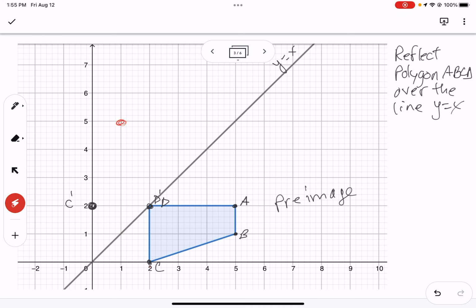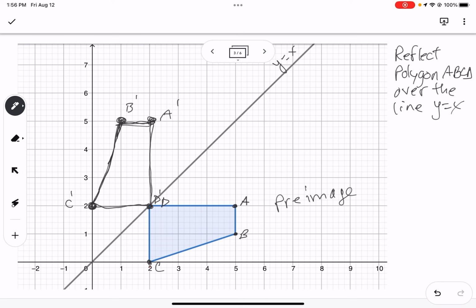This is where I will land. And this is B prime. A prime, 1, 2, 3, 1, 2, 3. Close your figure. Use a straight edge if you're using paper, please. This is so crooked. Okay.